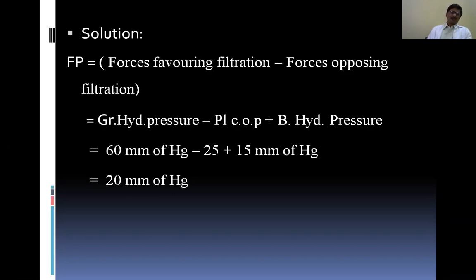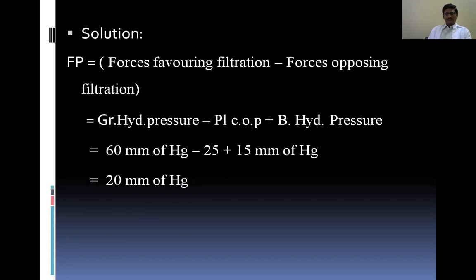Replacing with the values, it is 60 mm of mercury minus 25 plus 15. So it becomes 20 mm of mercury. So 20 mm of mercury, in this particular problem, is the effective filtration pressure. Since the pressure is higher in the kidney, they are capable of filtering more volume of filtrate per day, that is about 180 liters per day.